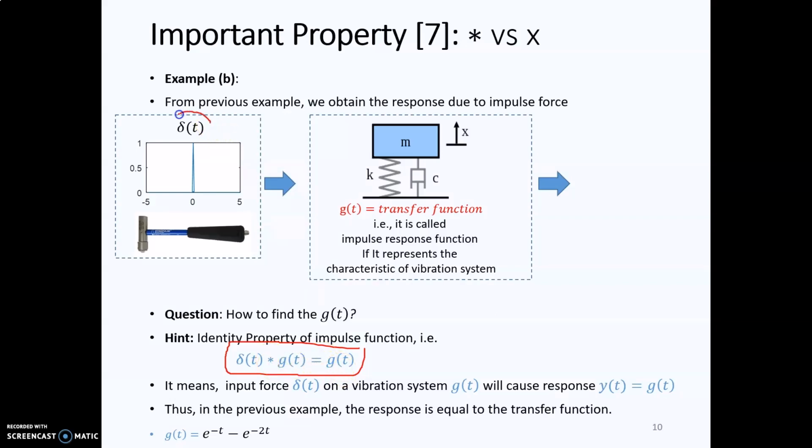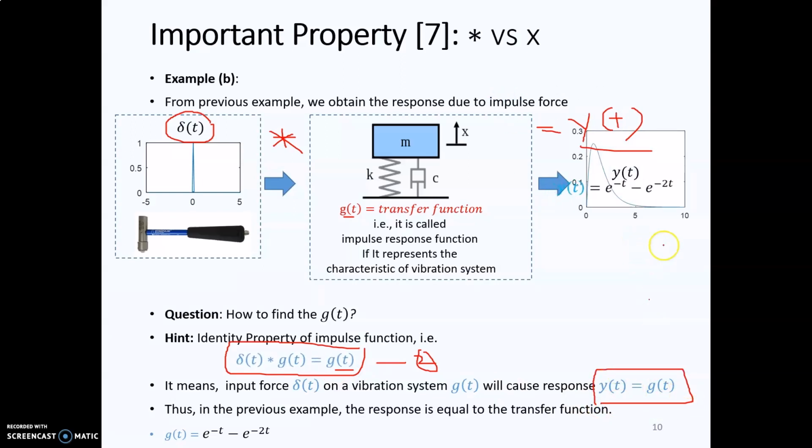So for a linear system, if you take delta convolved with the system function, which is g, then you get the response function, which is y(t). When you compare this and the second equation here, you will find that your y(t) will be equal to your g(t). So therefore, your g(t) will be equal to this answer.